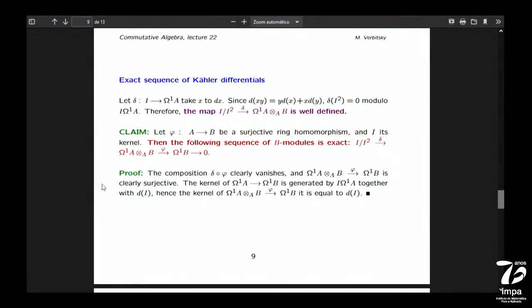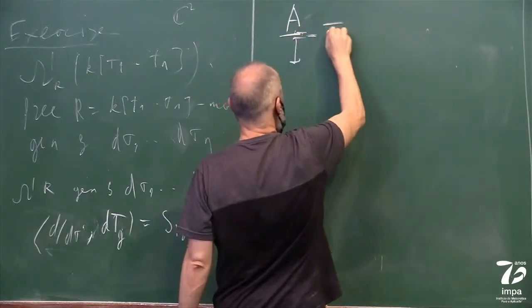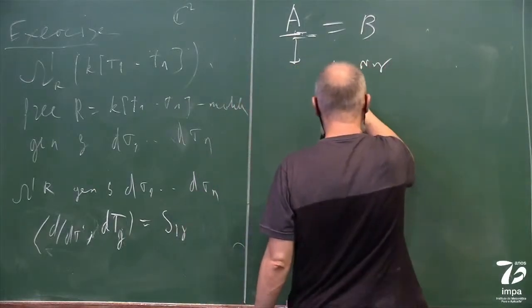Okay. So if you want to compute scalar differentials, there are two important exact sequences which are used. They simplify the computations a lot. So the first exact sequence is written here. A quotient by an ideal I is B. So A is a ring, I is an ideal.